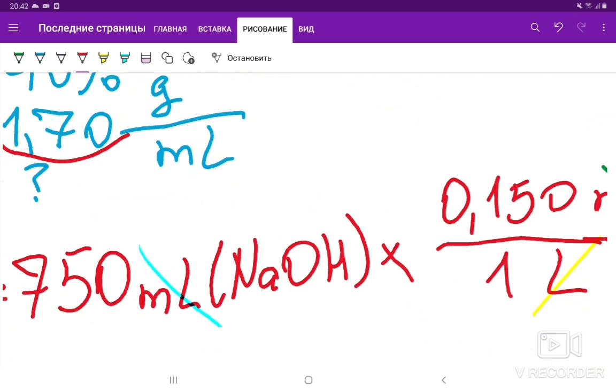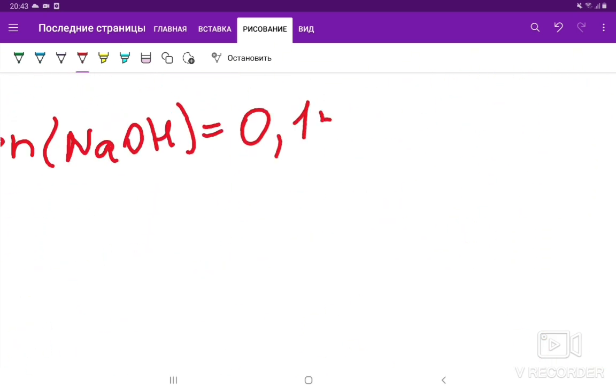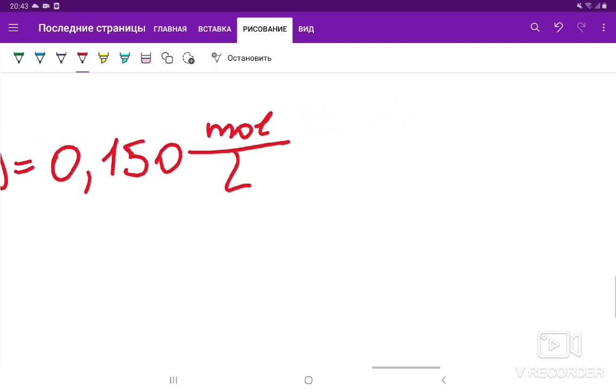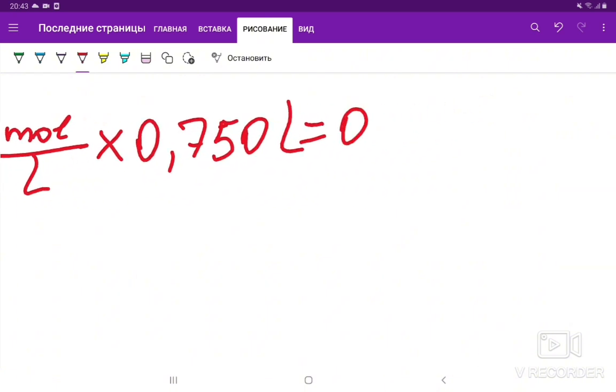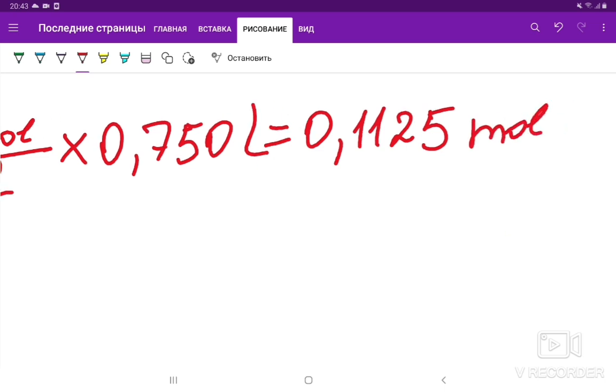So we multiply them: 0.150 mole per liter multiplied by 0.750 liters. And the answer here will be 0.1125 mole of sodium hydroxide.